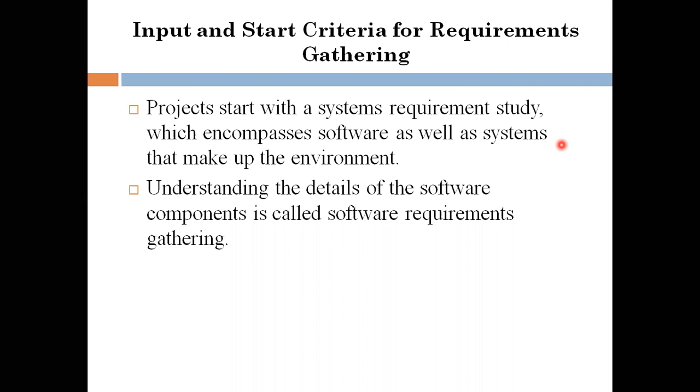So module 1, you started with metrics. Module 1, you can categorize into two equal halves. The first half talks about metrics, and the second half talks about software configuration management.